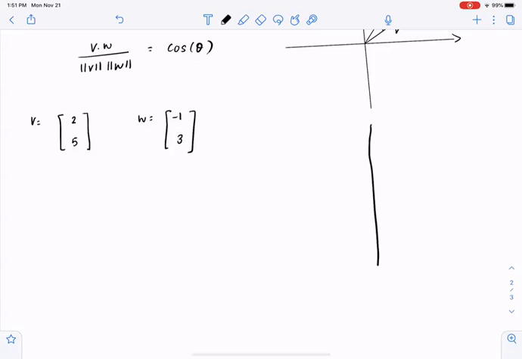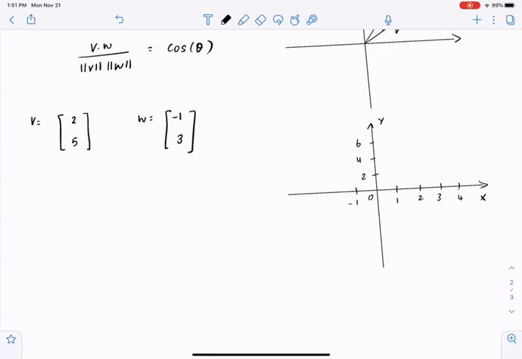We graph it. (2, 5) would be the vector right here. (-1, 3) will be right there.